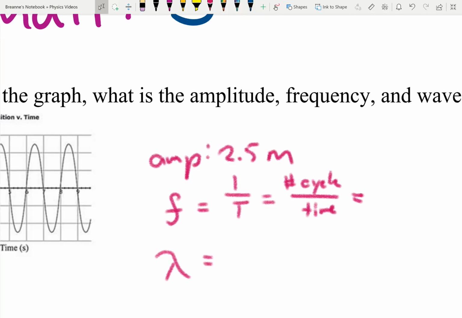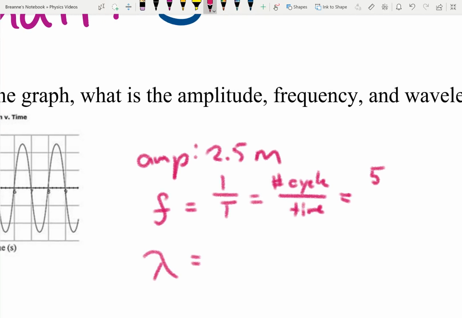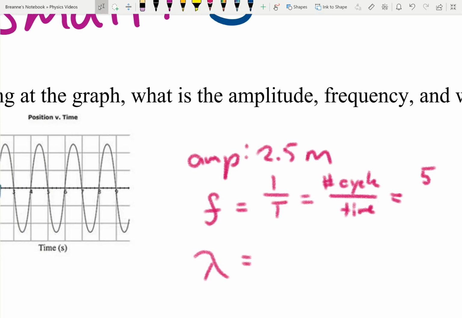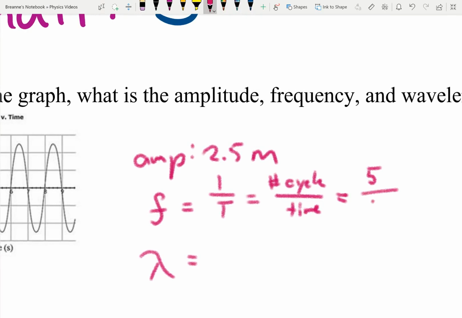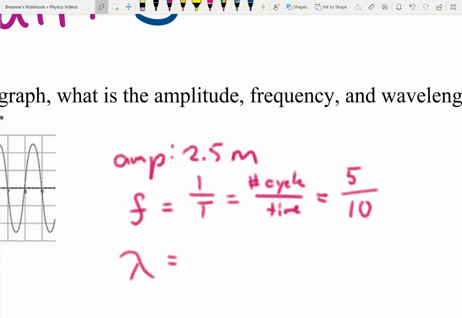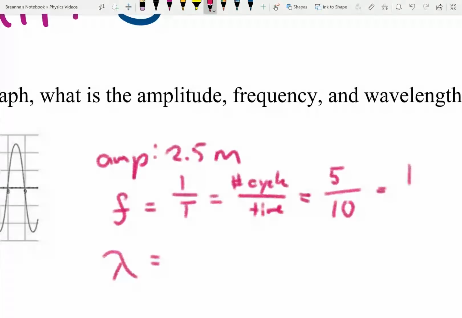We'll just do 5 cycles. Yep, 5 cycles in about 10 seconds. So that gets our frequency to be 1/2.